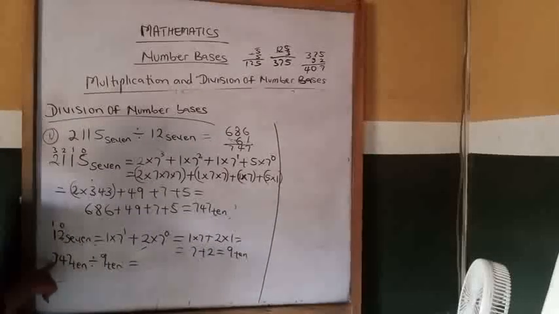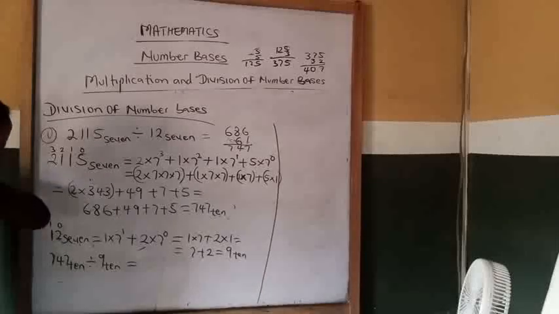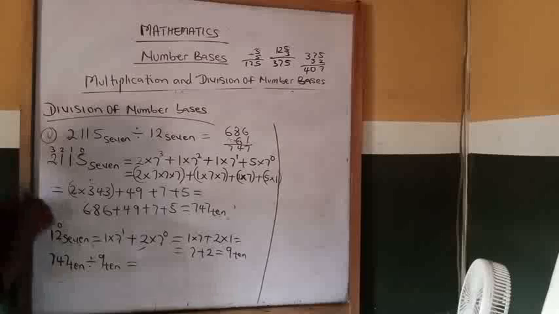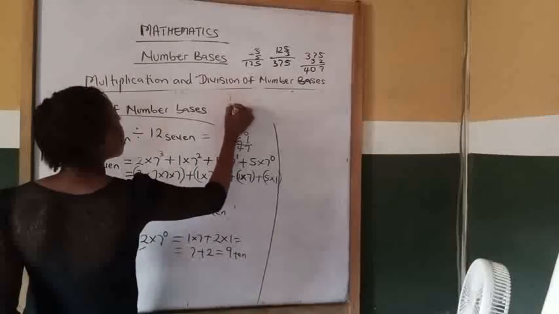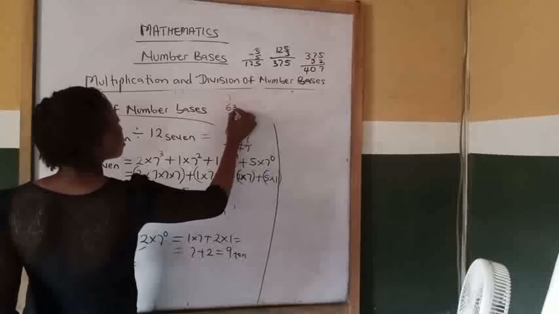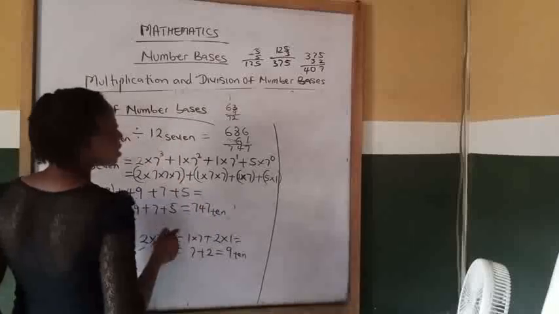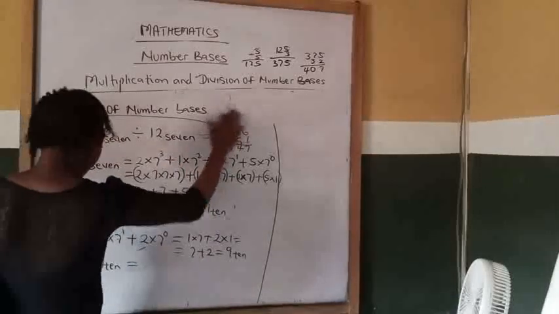How many 9s can we get in 74? 9 times 5 is 45, 9 times 6 is 54, 9 times 7 is 63, 9 times 8 is 72.